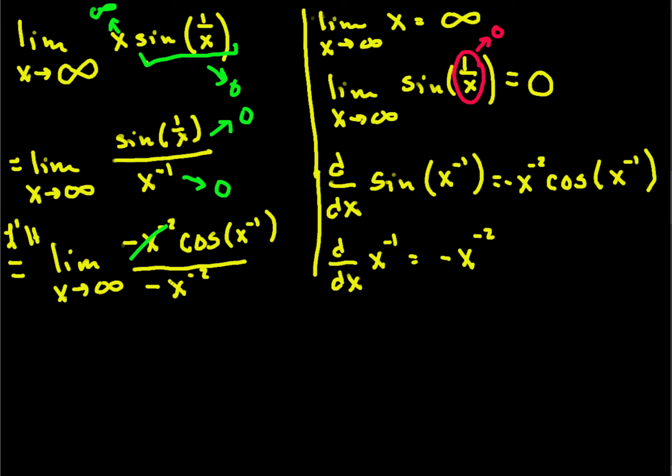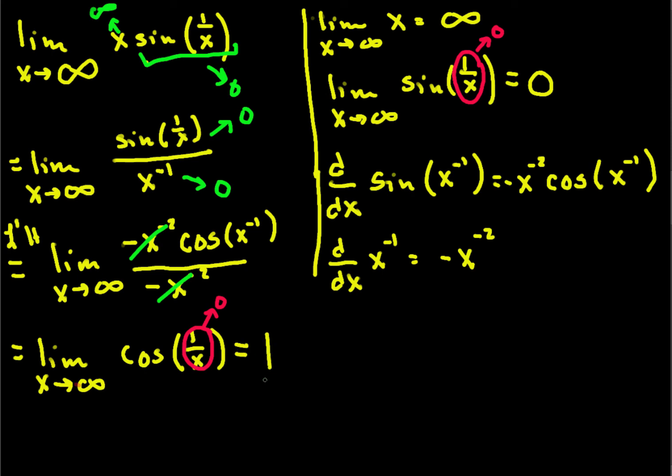So this is simply equal to the limit as x goes to infinity of cosine of 1 over x. And just like we did before, as x gets infinitely large, the input here is going to 0, and cosine very close to 0 is close to 1, so this limit is 1. So finally, what do we know? The limit as x goes to infinity of x times sine of 1 over x is 1.